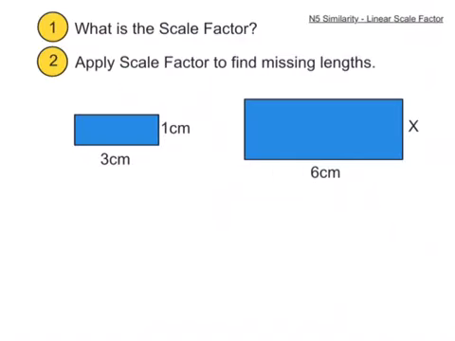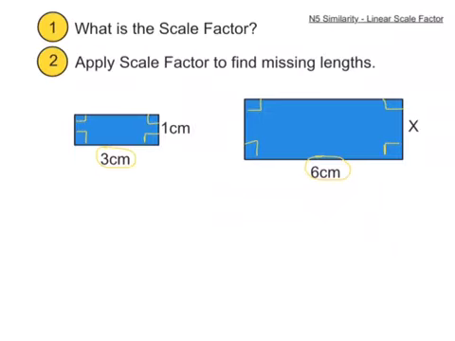Okay, so if we look at these two similar rectangles, by our definition on the previous slide, we know that every angle in the smaller rectangle is going to be exactly the same as the corresponding angle in the larger rectangle. And also that any length on the smaller rectangle is going to be in proportion to any length on the larger rectangle. Okay?